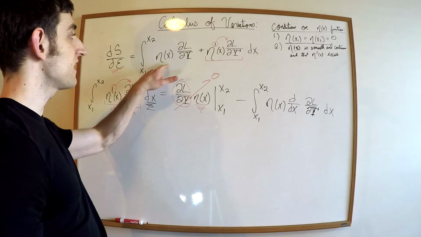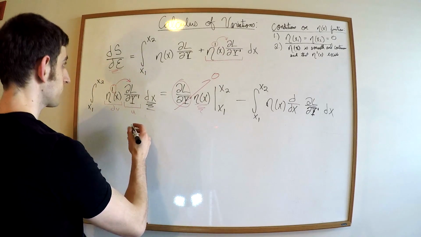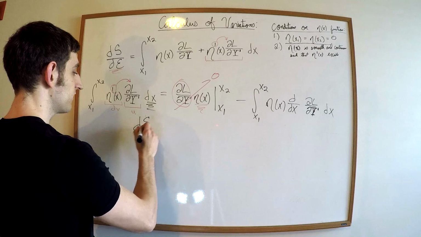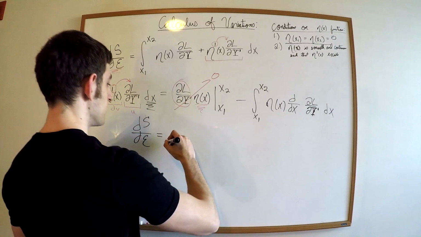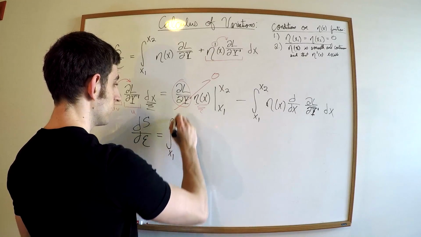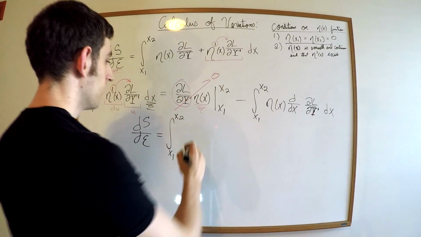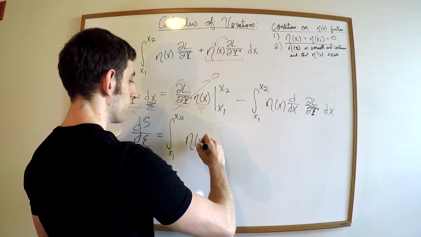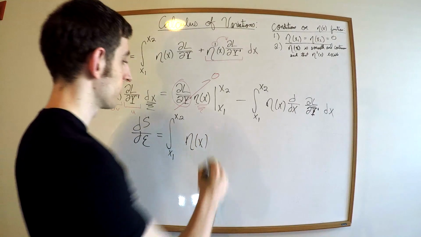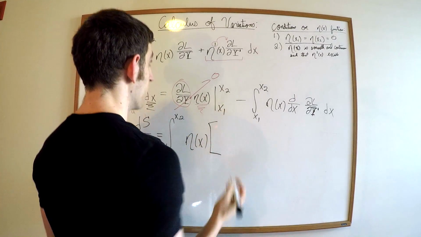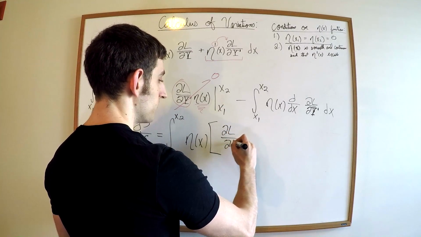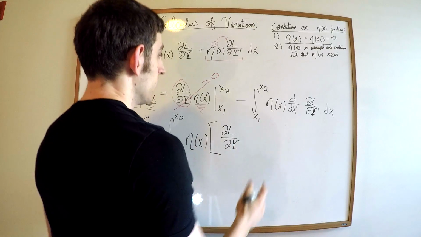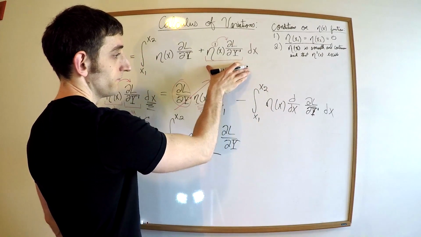So we can pull out the eta sub x now because dS/d epsilon becomes the integral from x1 to x2 of eta sub x. I'm sort of skipping some steps here, so I'm going to come back and explain what I'm doing. We get dL/dy, and then we plug this guy in here.